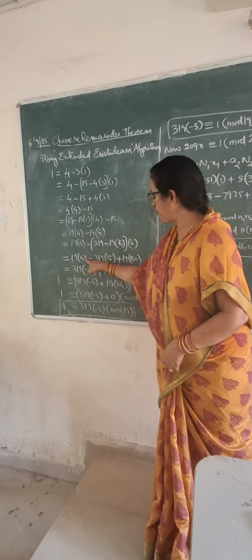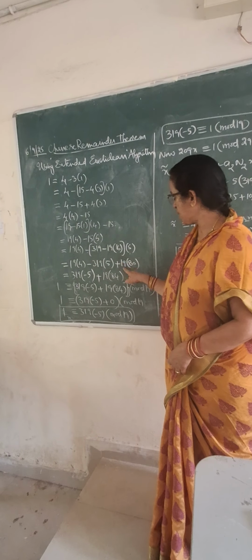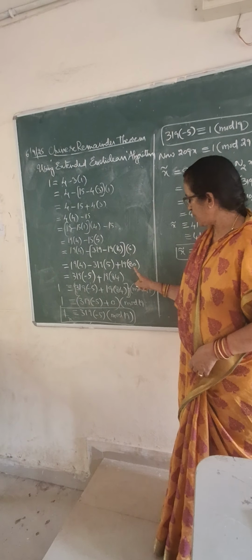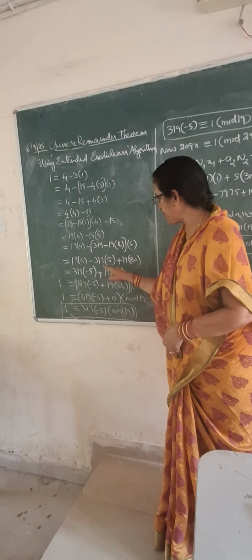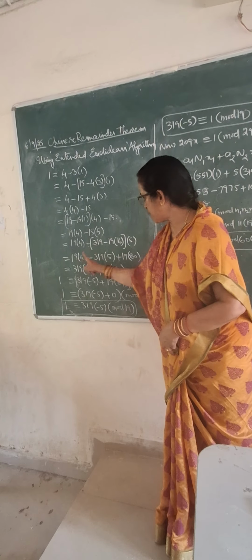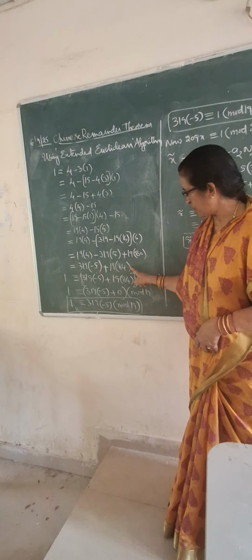So 19 into 4 minus 319 into 5 plus 19 into 16 fives, which are 80. So finally, 319 into minus 5 and 19 into how many times? Here 80 times, here 4 times. Totally 84 times we got.